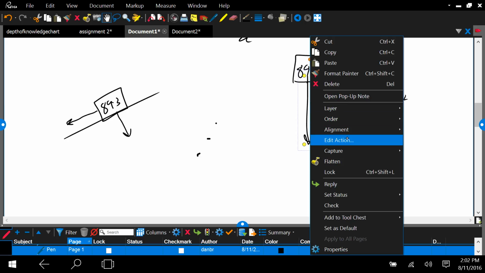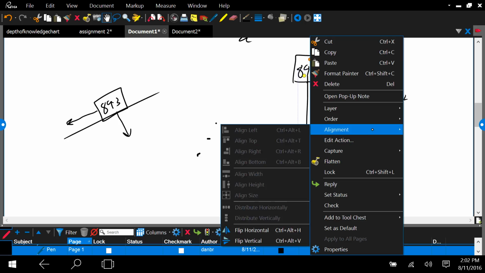So let me see if I can just clone that with a right click here. That'd be convenient, but I forgot what that command is.